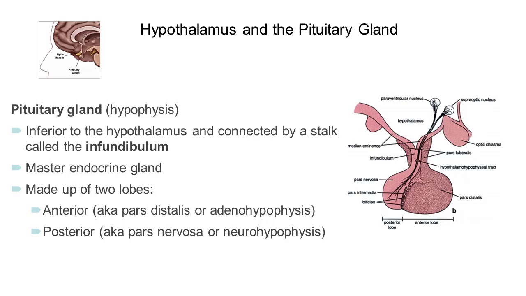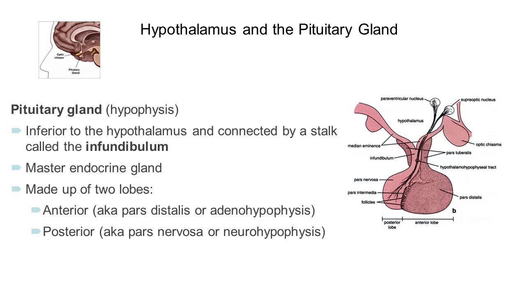Notice the title of the slide. It's not just pituitary, is it? No, hypothalamus. Because this really is a team that's working together here, and it's going to become very apparent very quickly that the pituitary just isn't working on its own.